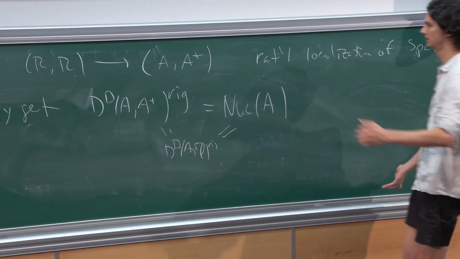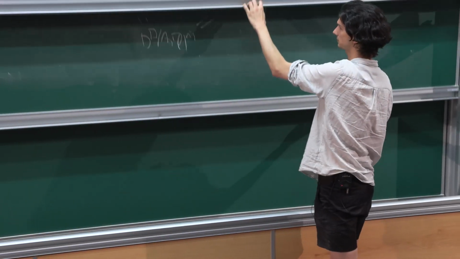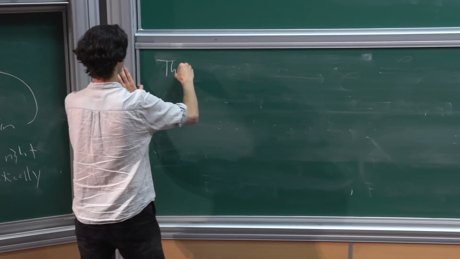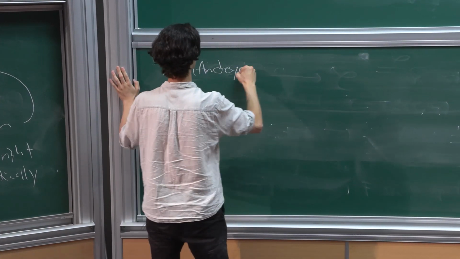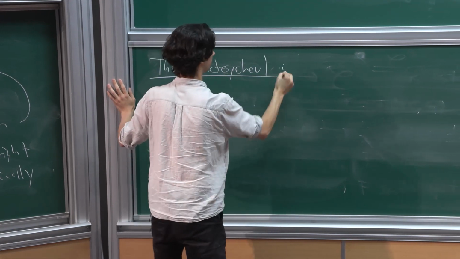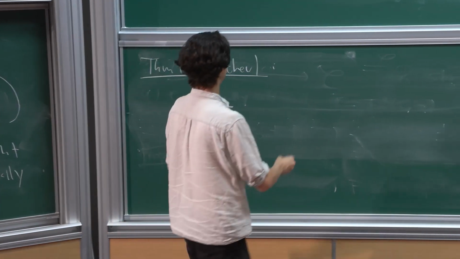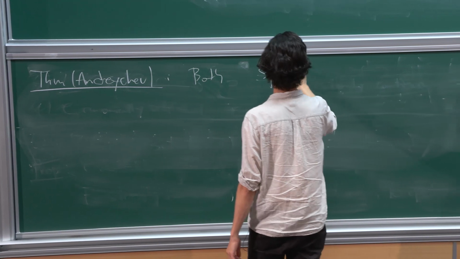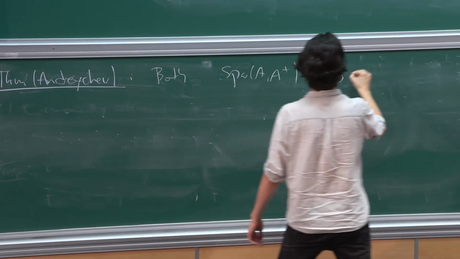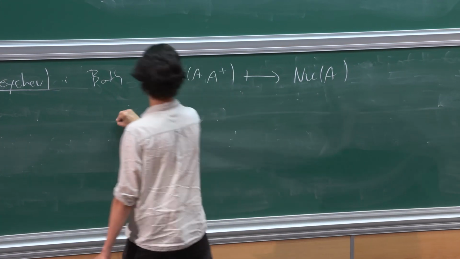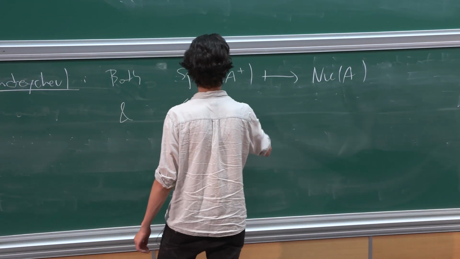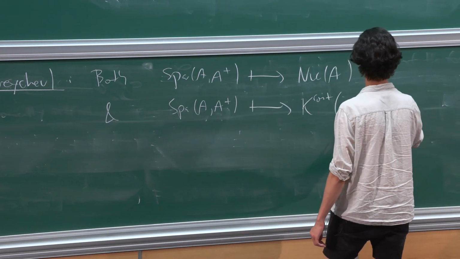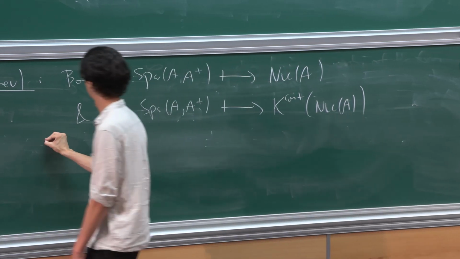And then the theorem of Andreychev is that both Spa(A, A+) going to Nuc A, and Spa(A, A+) going to continuous K-theory of Nuc A, satisfy descent.